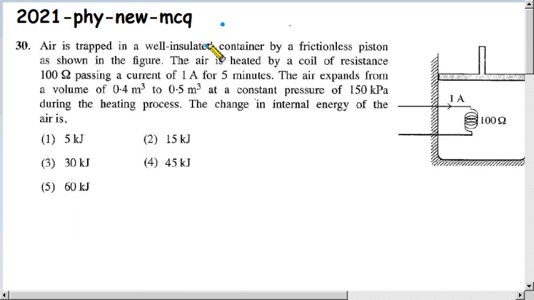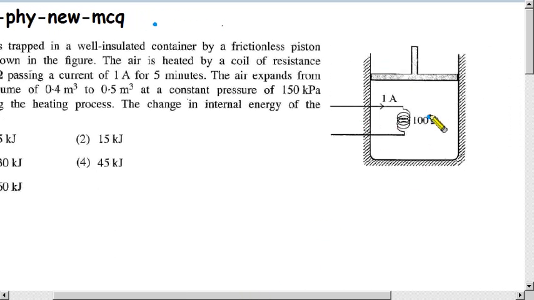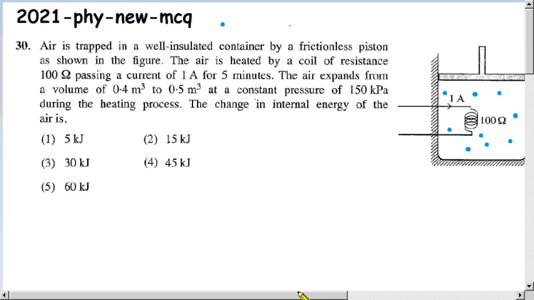Now let us, children, try this one, question number 30 from the 2021 Physics New Syllabus paper. Air is trapped in a well insulated container by a frictionless piston as shown in the figure. There is a container, and the frictionless piston here can be moved up and down. So air is trapped here like this. There is a heating coil, fixed, no leakage, assume.